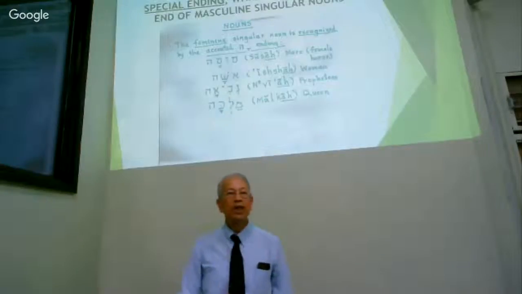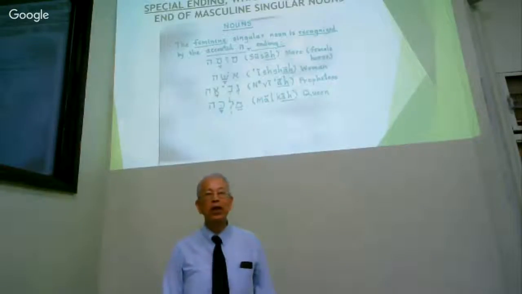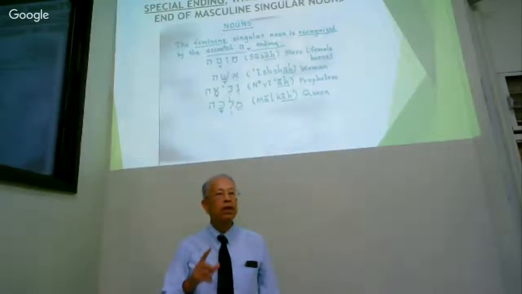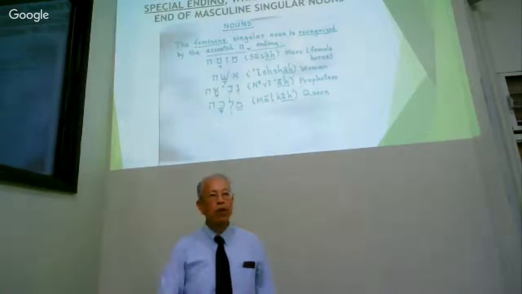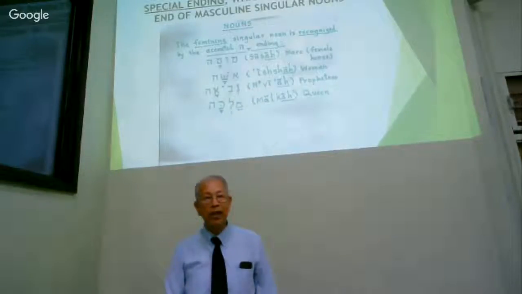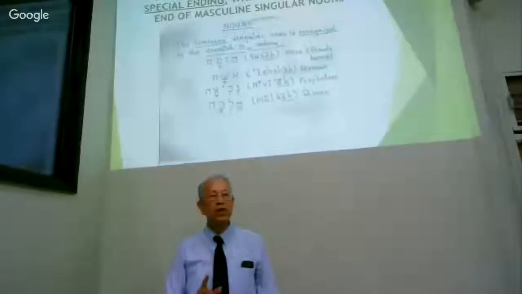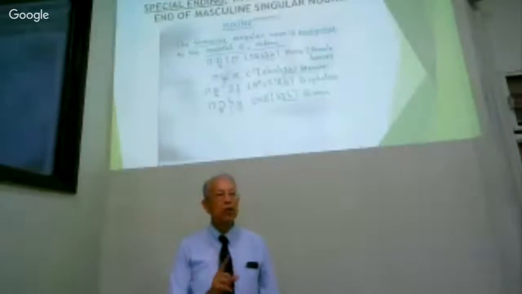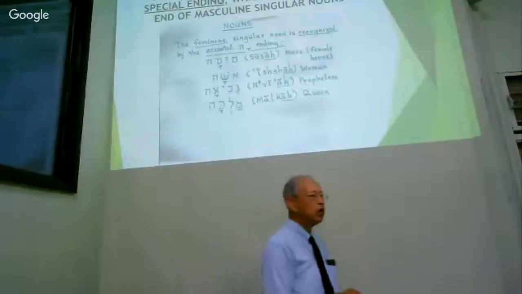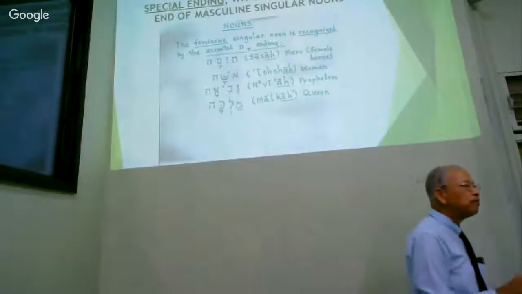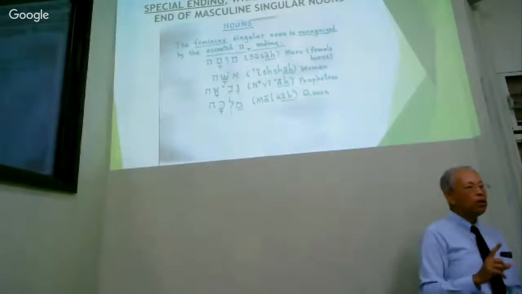So what is the sign of the feminine singular noun? Commas a. Yes, Enrico, what is the sign of the feminine singular noun? It ends in what? Commas a. Northeast, what is the sign of the feminine singular noun? Commas a.